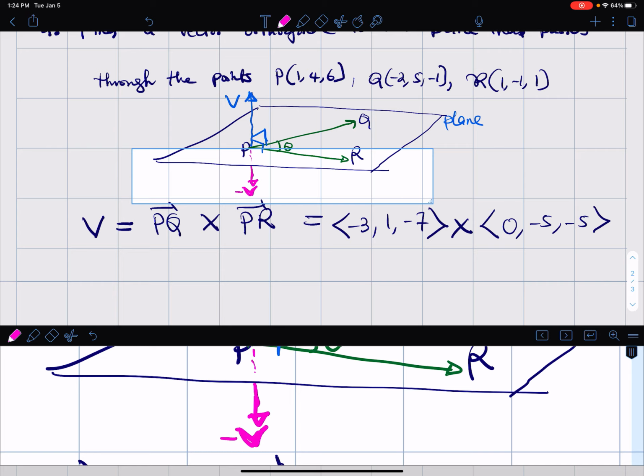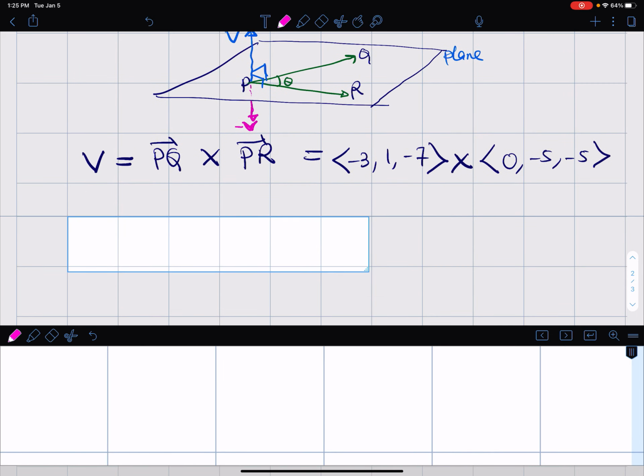And that will suffice. And even if you also do RQ cross RP, that works also, right? Any two vectors you can create with those 3 points, the vector orthogonal to two of them is going to be orthogonal to the plane itself.